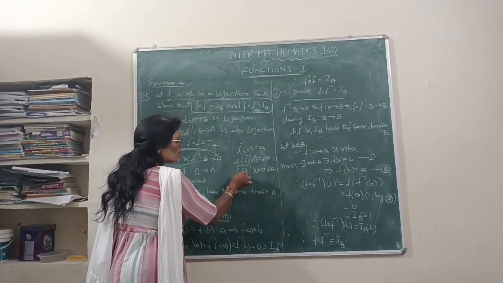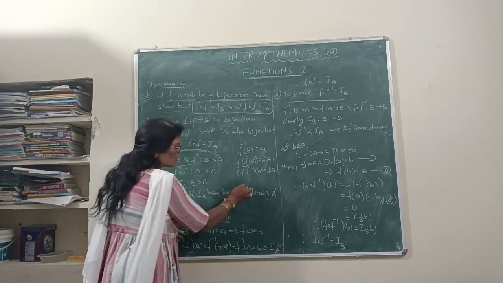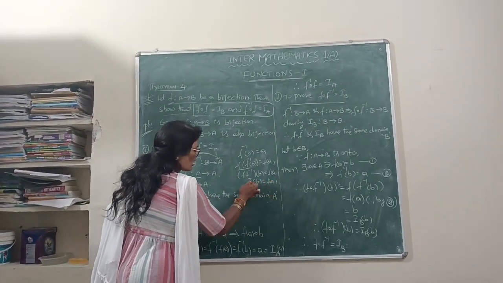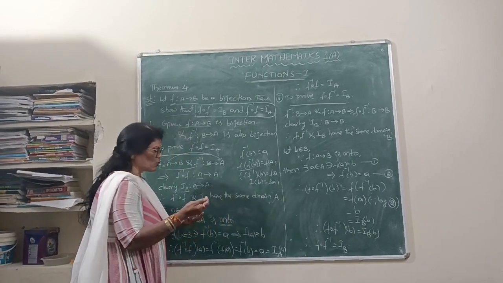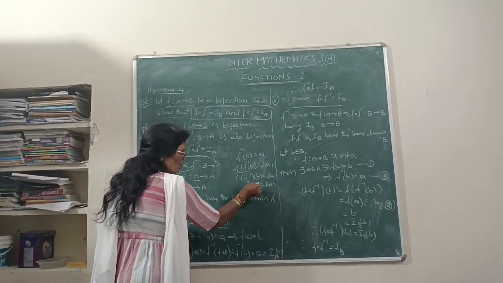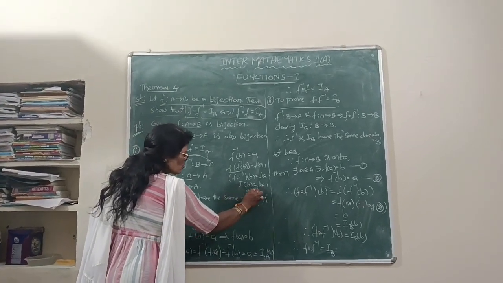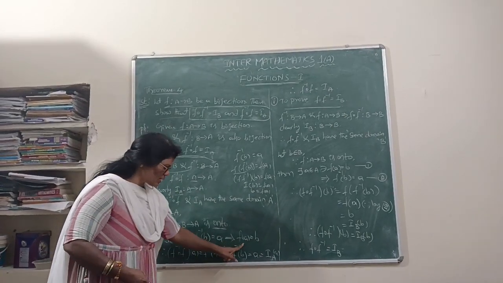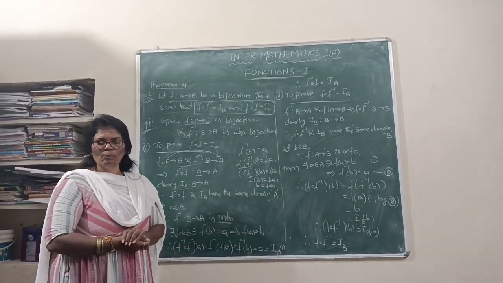That's what we are getting here: f of a is equal to b.